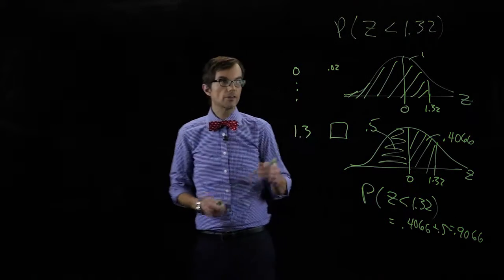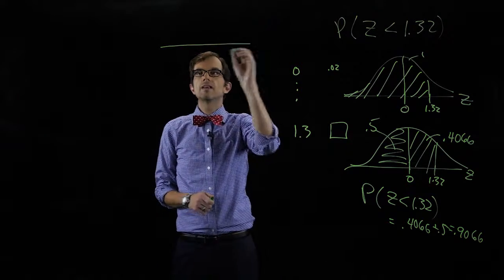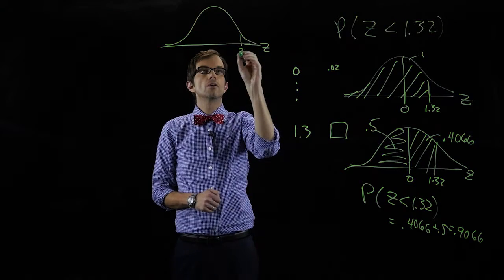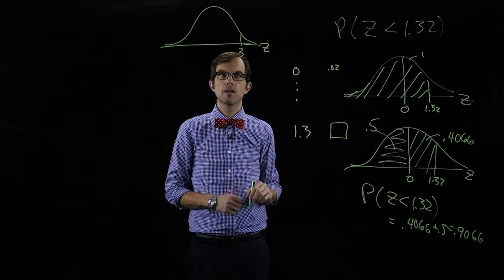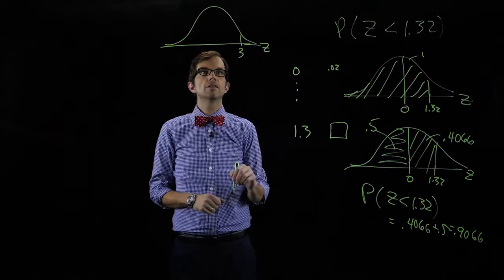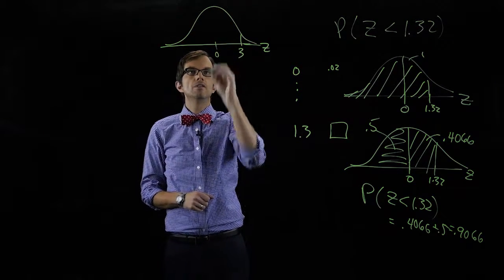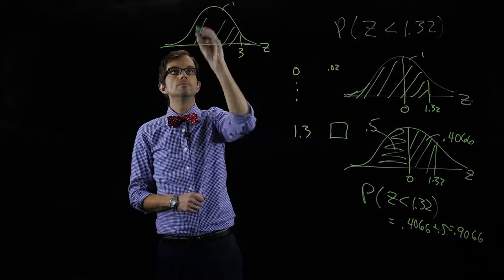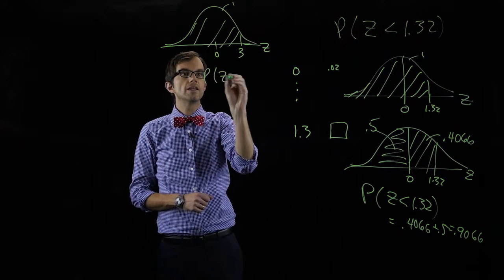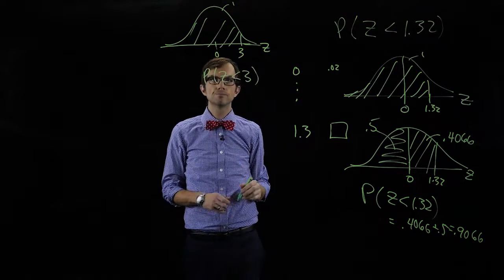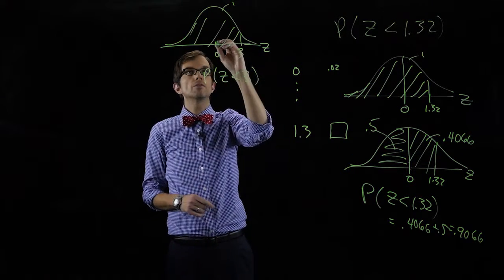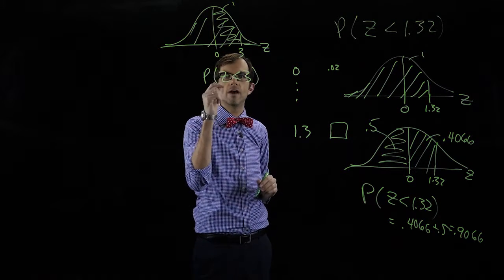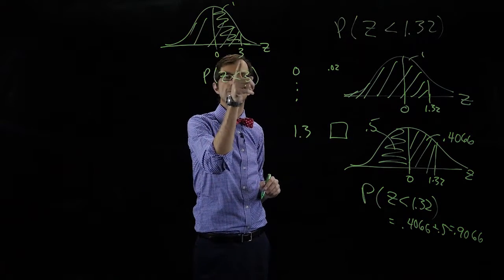Okay, let's take a look at another example. Let's say we wanted to know what's the probability that z is less than a value 3. What's the probability that z takes on a realization that's less than 3? Mean is 0, standard deviation is 1. And we want this area. This lookup table is going to give us this area, the probability that the value of z lies between 0 and 3.